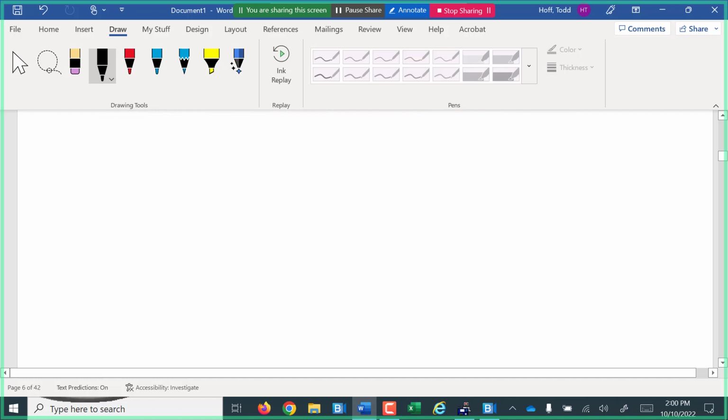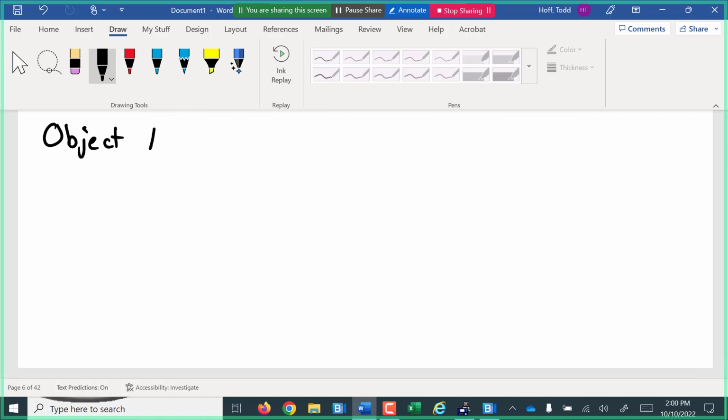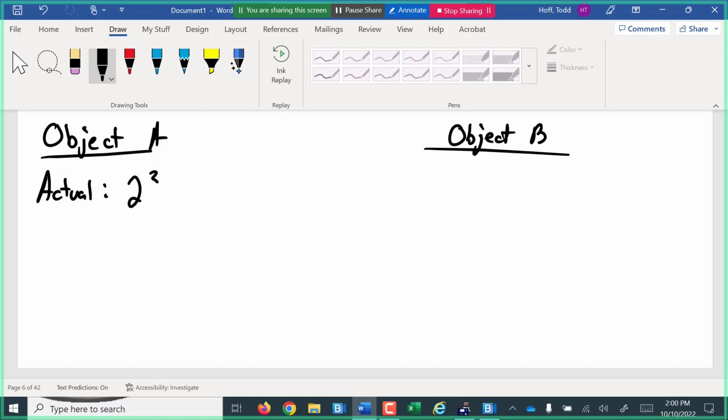For example, let's look at object 1, or we'll call it object A, and object B. So object A has an actual size of 2 3/8 inches and is measured as 2 1/4 inch.